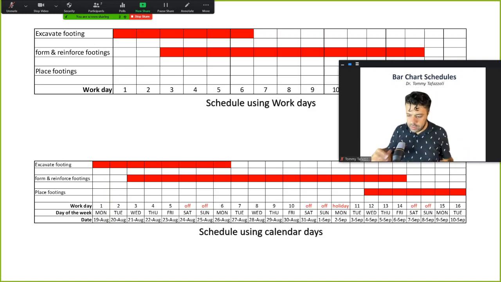So if you want to use work days, you should create another bar chart specific to activities that continue on weekends or on holidays. There could be just a few of them, but there should be a way to show them, right?